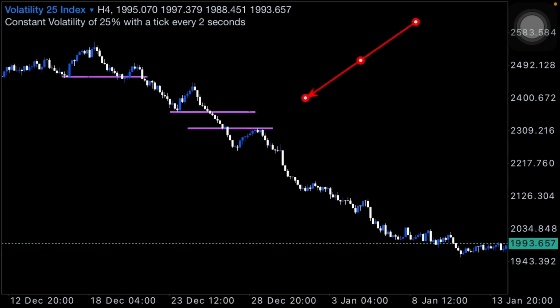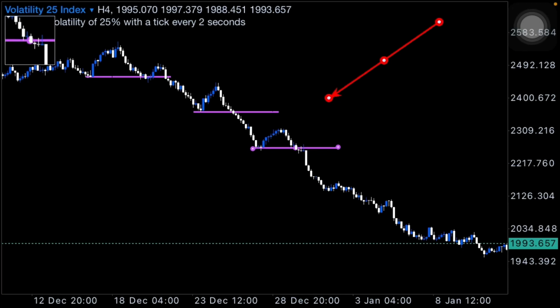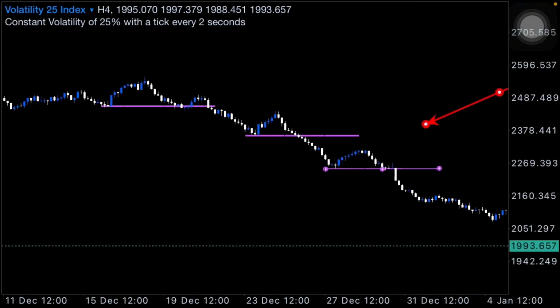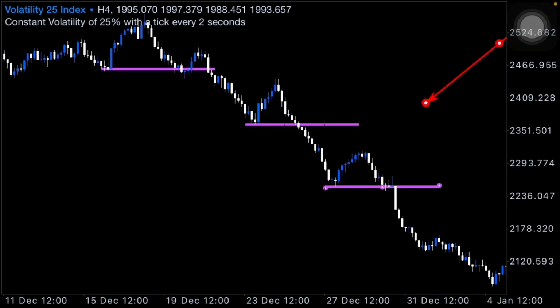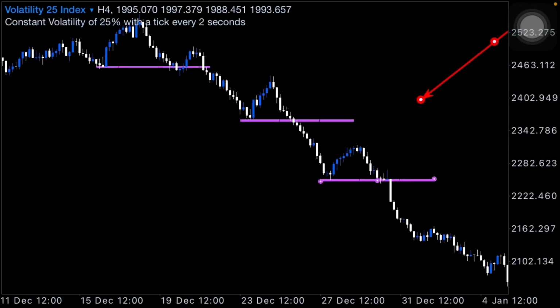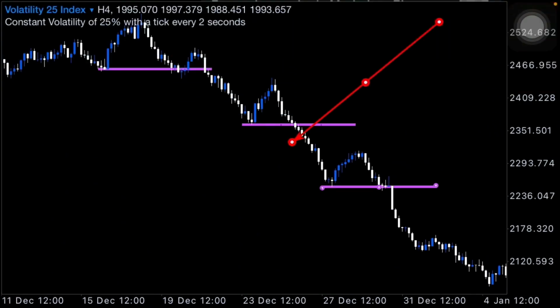So let me copy this and indicate where it breaks the market. Okay, so in this order, the market is what? In a downtrend, because the market is breaking what? A structure.